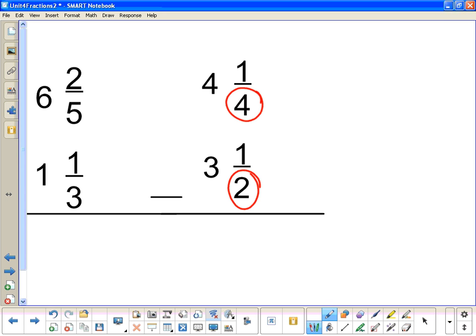So I need to start by finding the LCD of 4 and 2. This one you might know off the top of your head. Let's start listing multiples of 4. 4, 8, 12, 16. We'll stop there. That should be enough. Ask yourself, can 2 go into 4? And we know, yes, 2 goes into 4, so our LCD has to be 4.